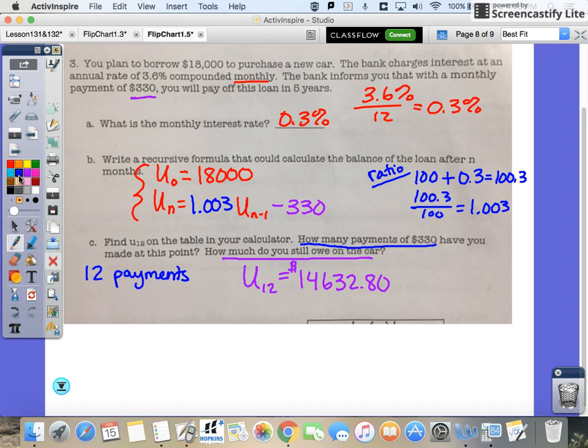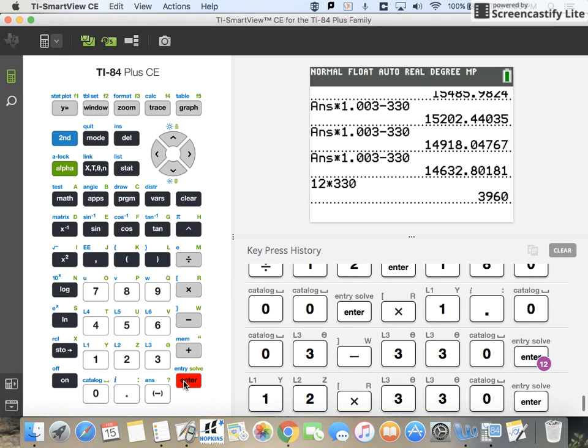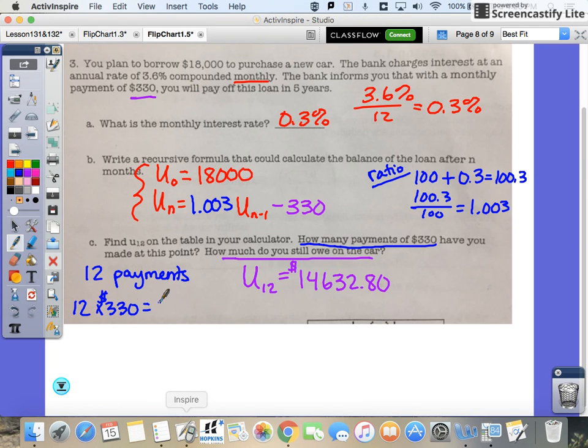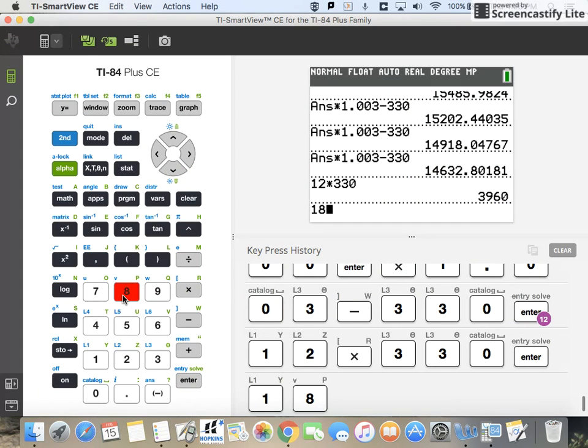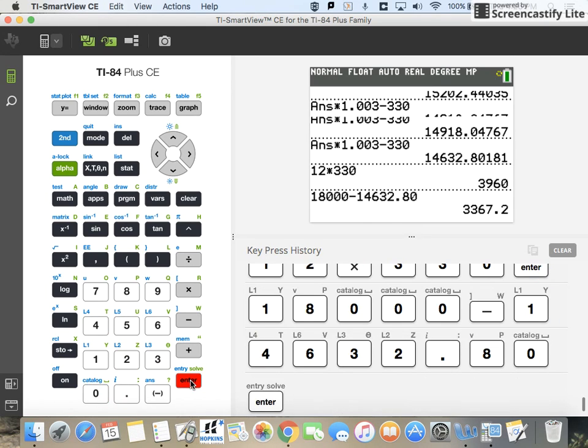Just out of interest and curiosity, if you do 12 times 330, that's how much money you've paid at this point. Just to be clear, you've paid out 12 payments, like you've paid for a year, and each time you paid $330. So you've paid that company $3,960, okay? Well, your loan was initially for $18,000. You still owe $14,632.80.